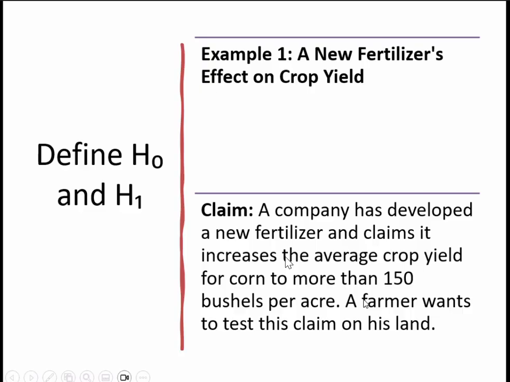Another trick. I said H1 and H0 are mutually exclusive. Also, H1 and H0 are the opposite of each other. So mathematically, if you have Y greater than 150 as your H1, your H0 is going to be the opposite of that. What's the opposite of Y greater than 150?